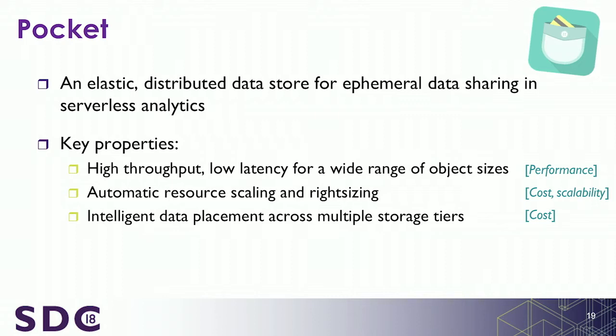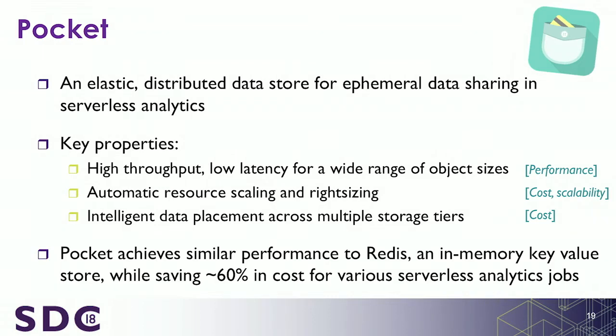Its key properties are high throughput and low latency, automatic resource scaling and rightsizing, and intelligent data placement across multiple storage technology tiers. We'll show that Pocket achieves similar performance to a DRAM-based key-value store called Redis, while saving close to 60% in cost for the different serverless analytics jobs that we look at.